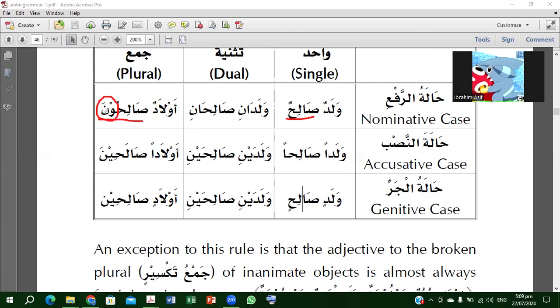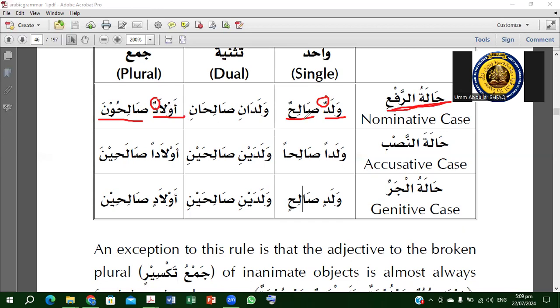Yes, Miss. Okay. So we can see that for broken waladun, we recognize this is halat rafa, right? Status of rafa, with dhamma. And for the broken plural also we can see this dhamma. The sign of halat rafa in singular and broken plural, awlad, is dhamma.